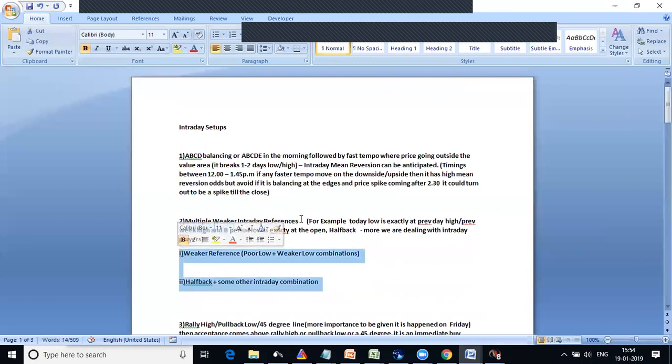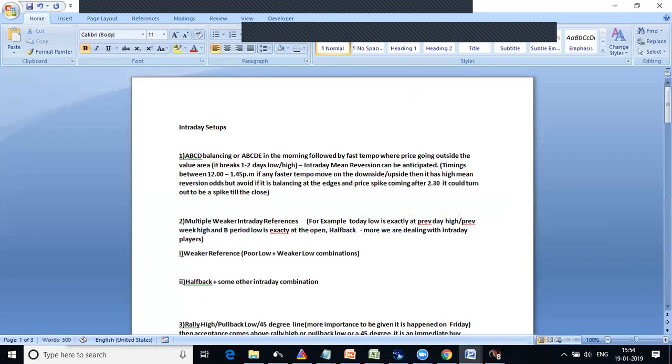Where multiple weaker intraday references come, it can be in the form of a halfback, or weaker references, or a combination of weaker and poor references, or previous day high, previous day low. Exactly, price comes and touches exactly at today's day open, today's halfback. If you see multiple combinations of this, then you can expect price plunging below the value area low.